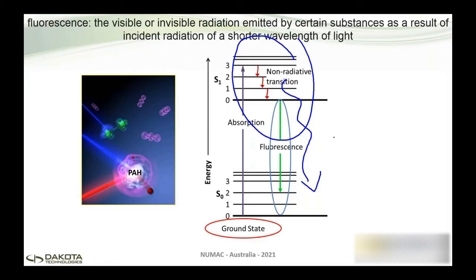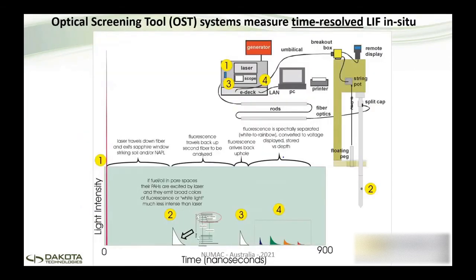Some of them fluoresce instantly, some take a long time. And so we're watching a population of PAHs in your fuel fluoresce, and you'll see examples of that coming here. Okay, so that's kind of key to the optical screening tool LIF system, is that they're time resolved.